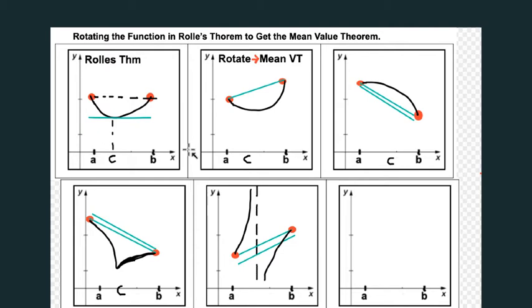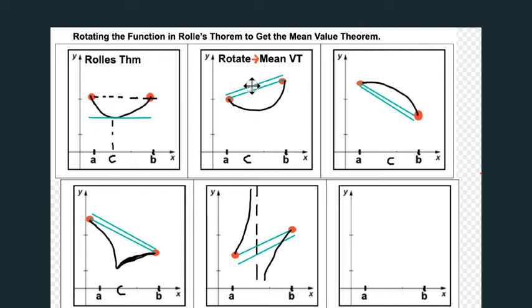So now let's think about what we just did. It's the exact same shaped curve. All we're doing now, though, is rotating it a bit. So now, instead of guaranteeing that the slope is 0, if the symmetry is correct, then what I should have done here is create another line that's the same slope as that secant.